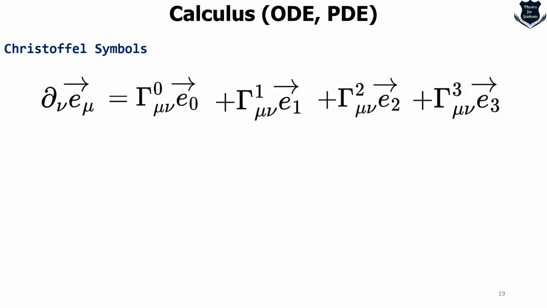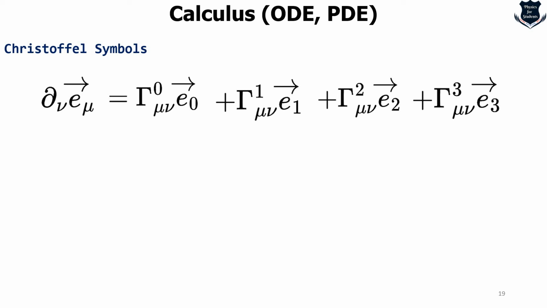Now another thing which becomes very important is what is called the Christoffel symbols. I don't want to become very technical, but just to tell you, Christoffel symbols involve derivatives of metric tensor components, and a deep understanding of differentiation, including partial derivatives, is crucial to compute these symbols accurately.